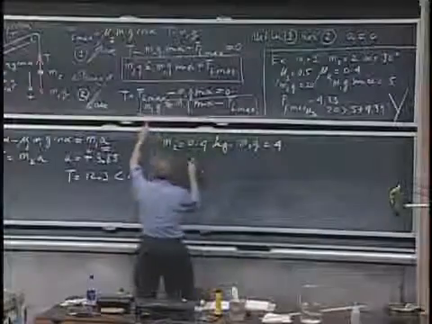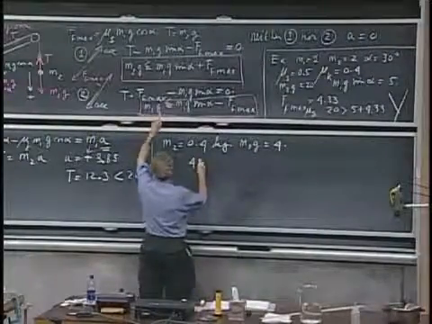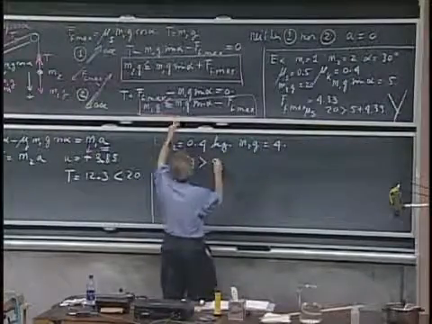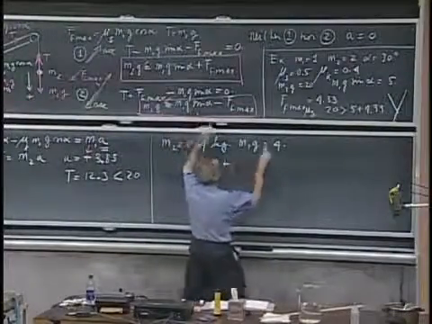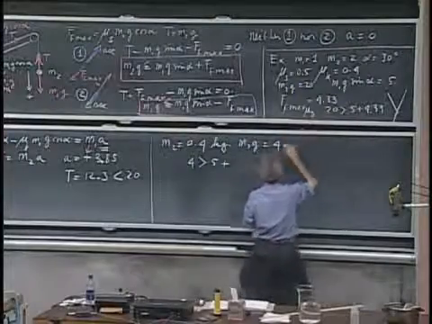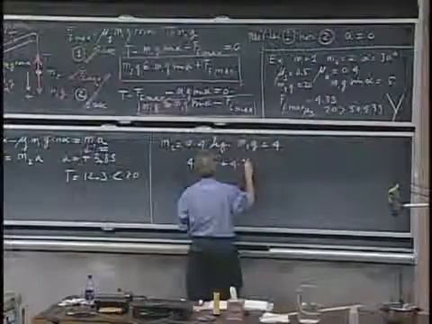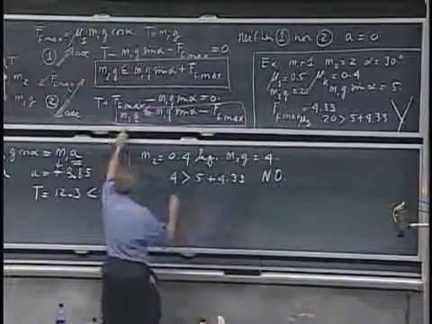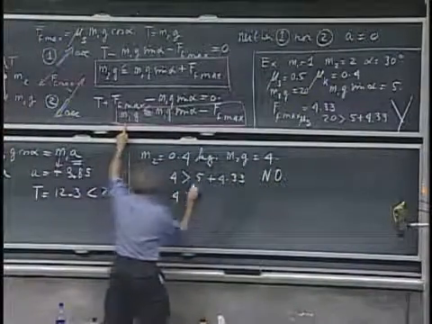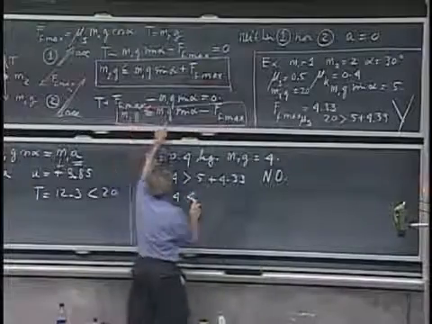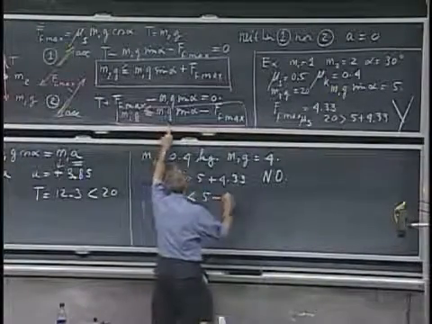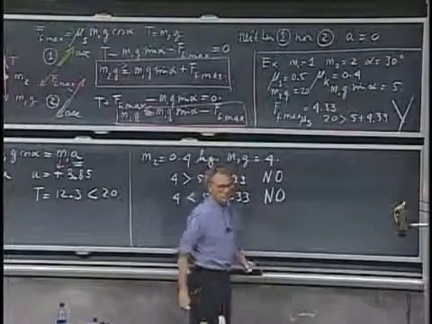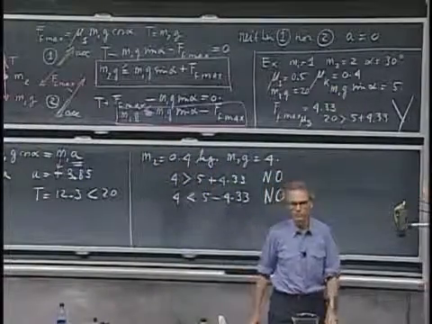Is m2 g, which is 4, larger than 5 plus the static frictional force, 4.33? The answer is no. I'm going to test for my second case. Is m2 g smaller than 5 minus 4.33? The answer is no. So what do we conclude?